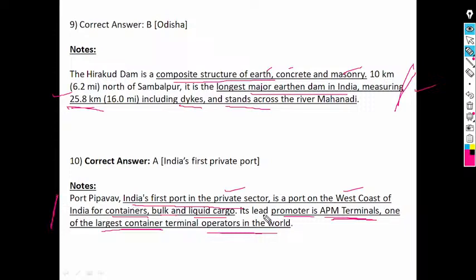Pipavav port is in the private sector, on the west coast of India.